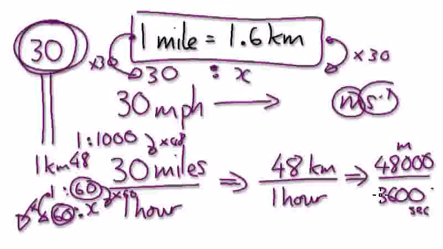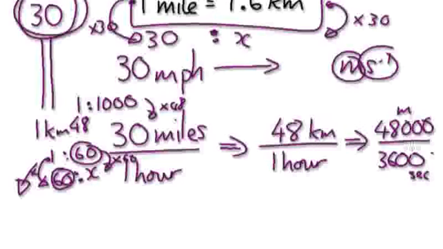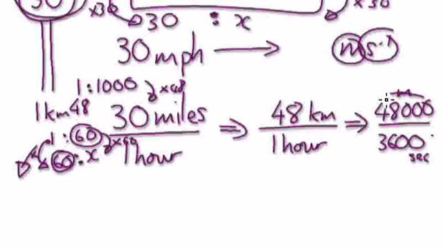Now this is a distance. If you get this distance divided by this many seconds, then the overall answer will be the distance in 1 second. So if you get 48,000 divided by 3,600, then you're going to get a distance for 1 second.